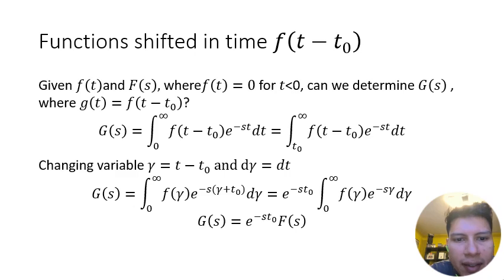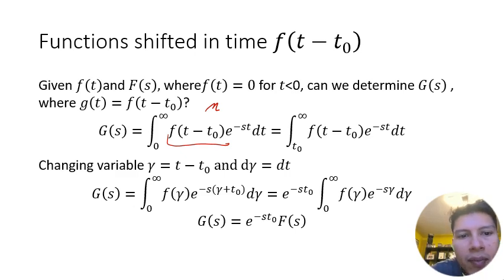So what I did here is I basically went back to my integral definition of the Laplace transform, and then I replaced f of t by f of t minus t naught.